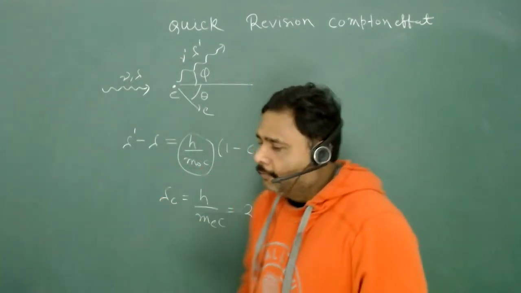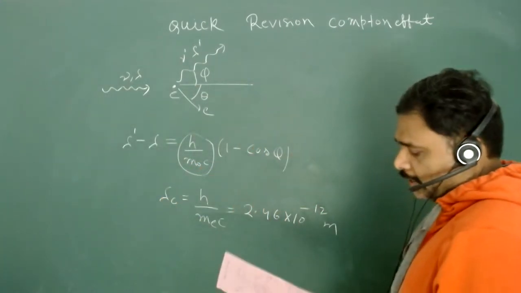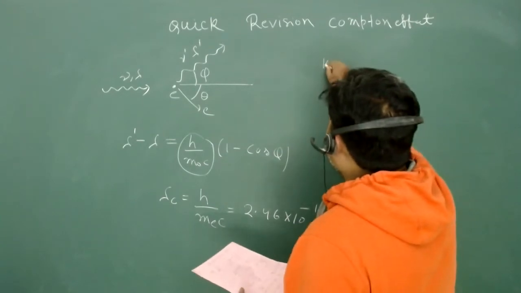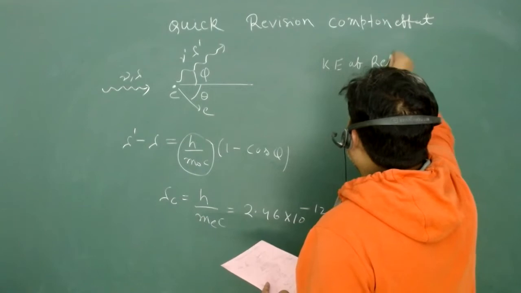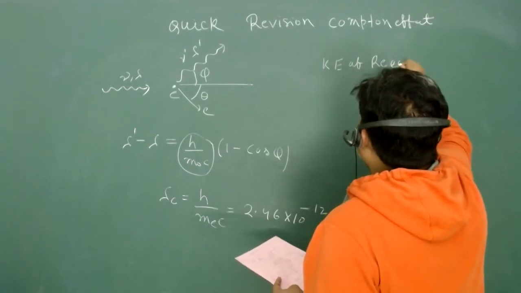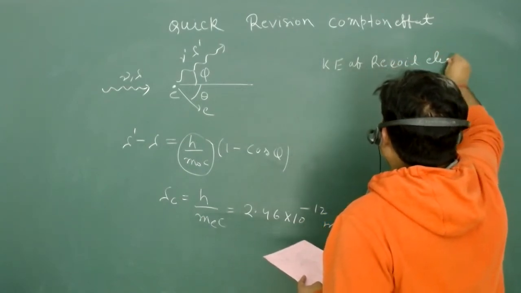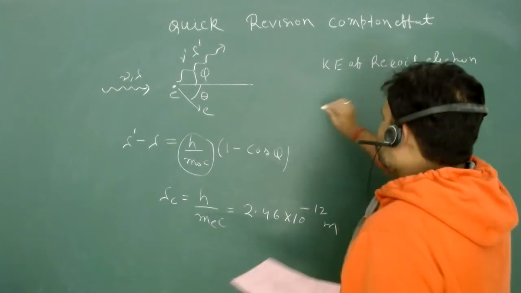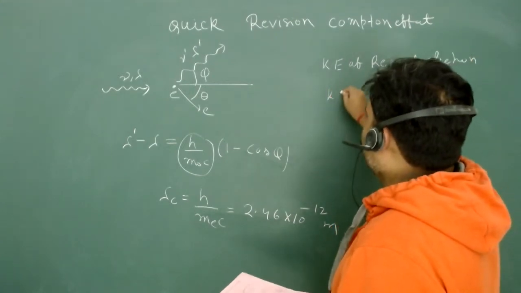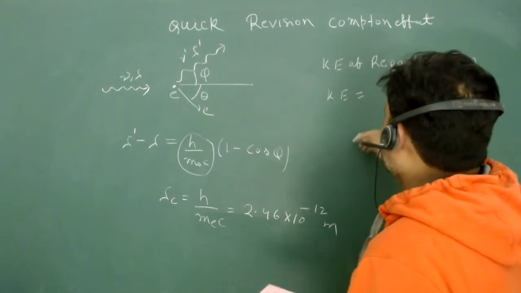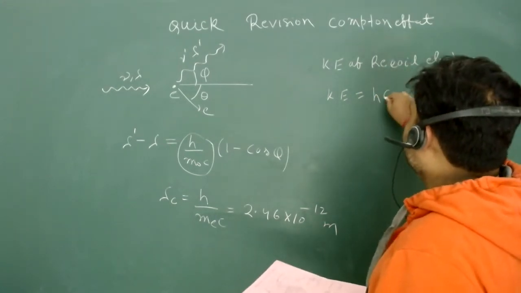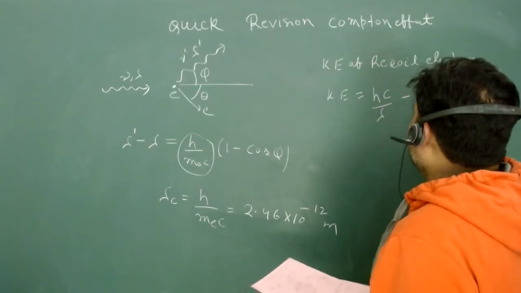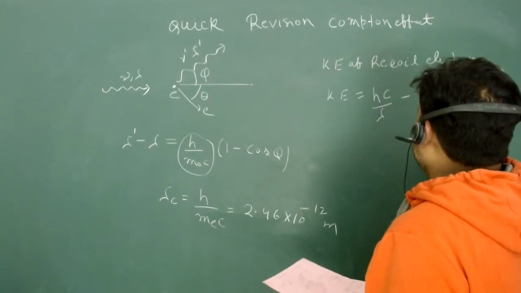The other thing you have to remember is the kinetic energy of the recoil electron. This kinetic energy of the recoil electron is basically hc upon lambda minus hc upon lambda dash.